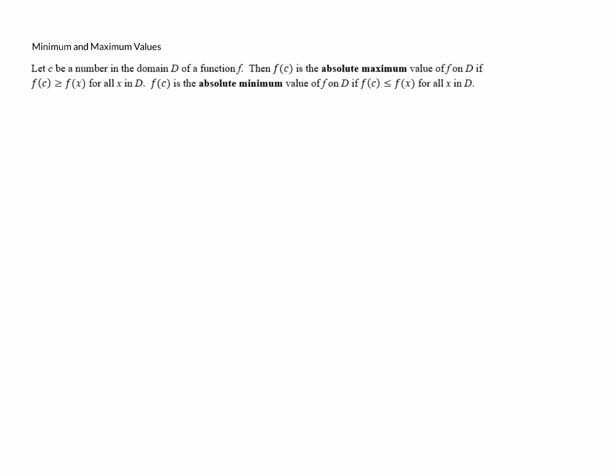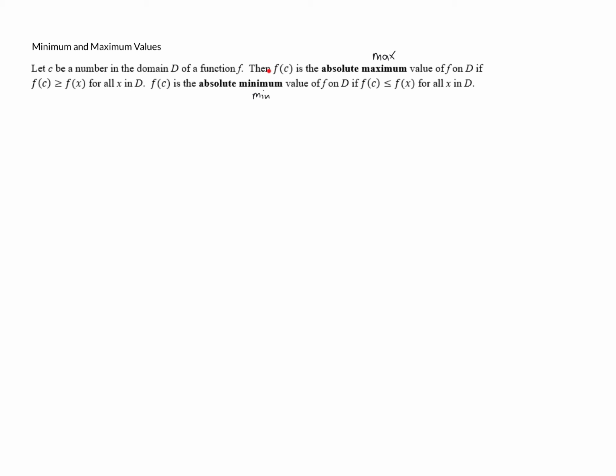Now, we have absolute maximum and absolute minimum here. We will sometimes just use the word max for maximum and min for minimum when we're too lazy to say or write three syllables, just want to shorten it. But let's think about this definition. So we've got some number that's in the domain of a function. So it's just an input value that we can plug into the function.